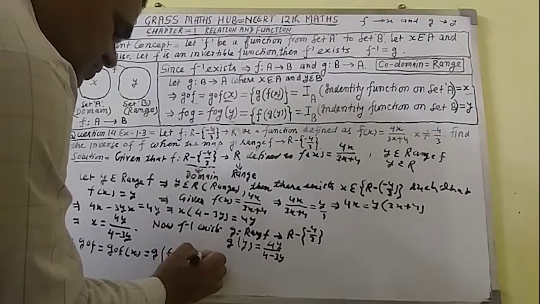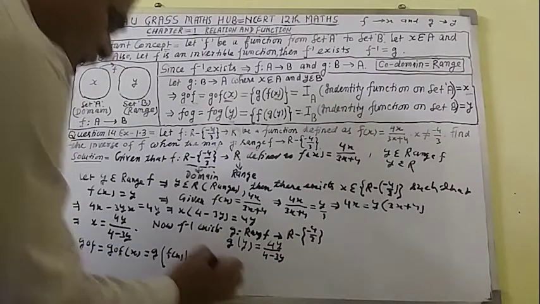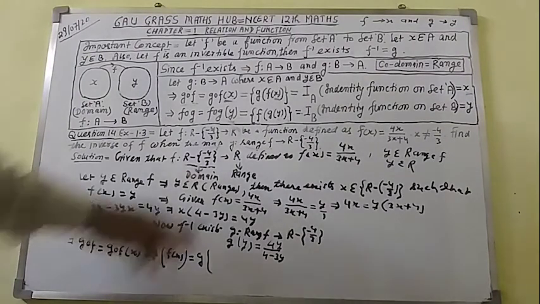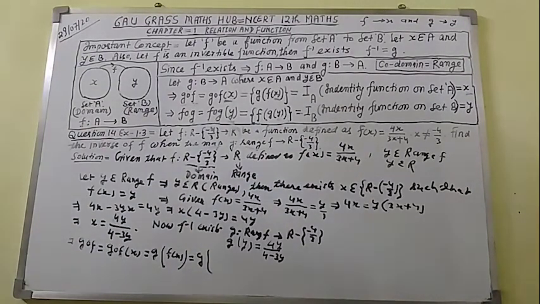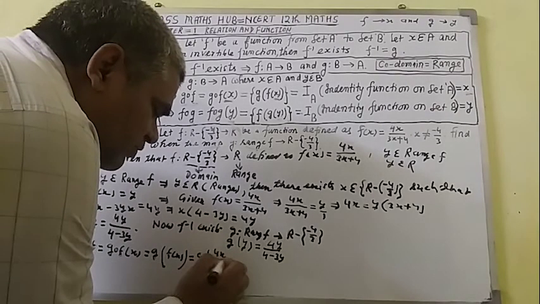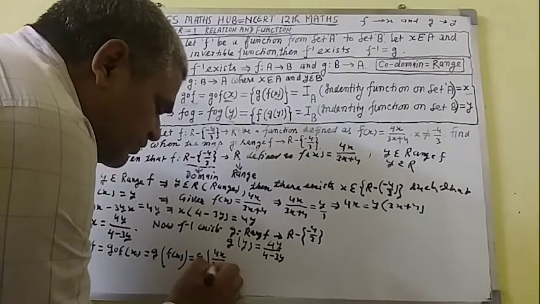So what we will do here? G, and now find out the value of fx. Here you have got the value of fx: fx is 4x over 3x plus 4.